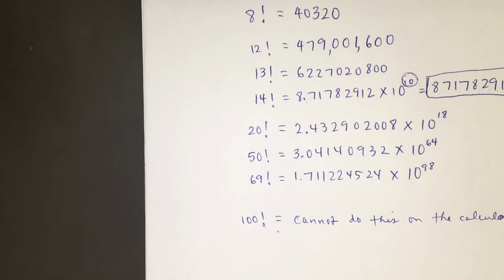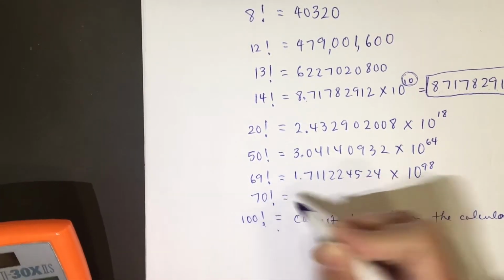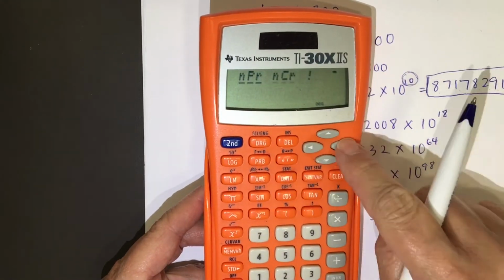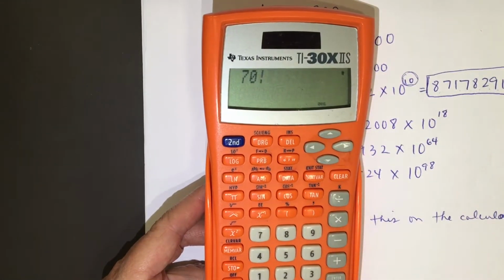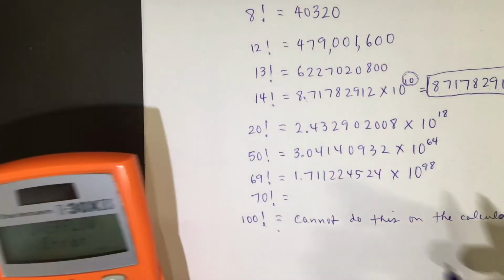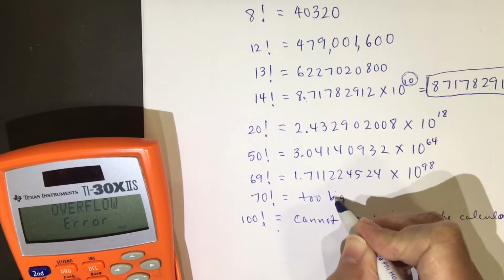So the decimals move 98 places to the right. 70 factorial. It's going to just, I'll say blow up, but overflow error. 70 factorial. Too big for the calculator.